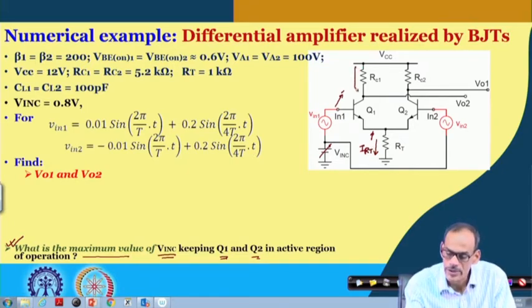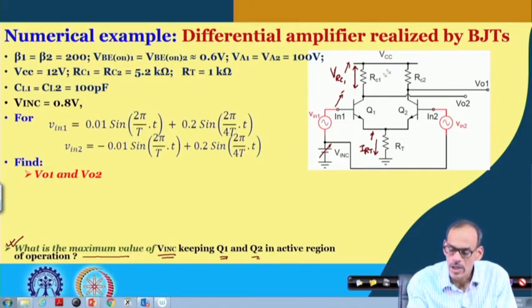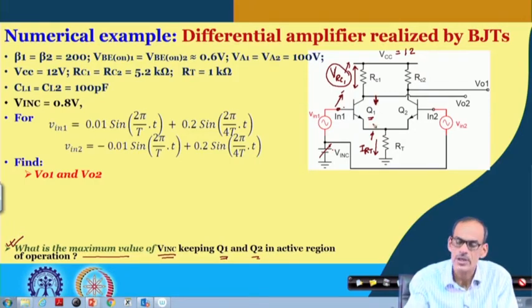If IRT is increasing, then the drop across this RC, called VRC1, also increases, and since we have a fixed 12 volt, if this drop is increasing, that will make this voltage decrease. So, if I increase the voltage here, the base voltage of transistor 1 goes higher and higher. On the other hand, the collector voltage comes lower and lower.